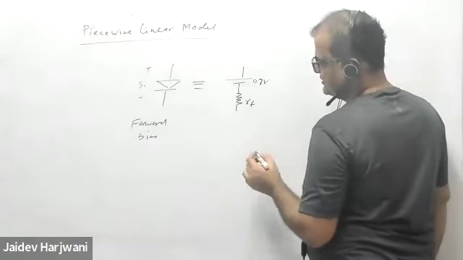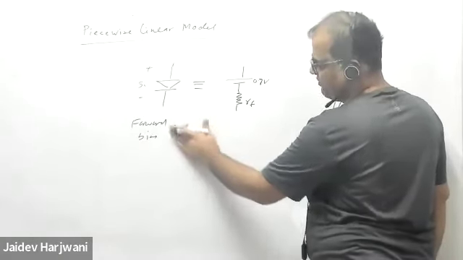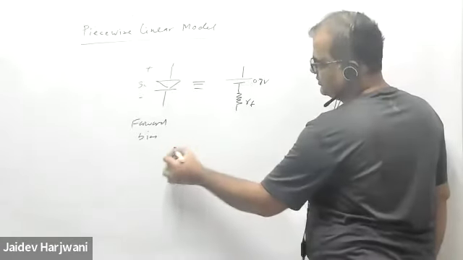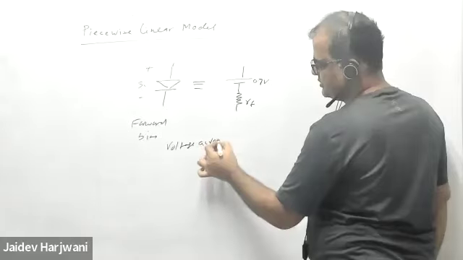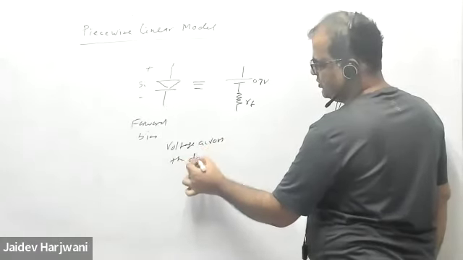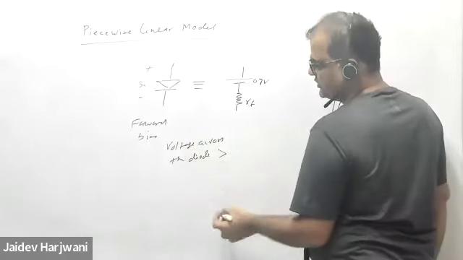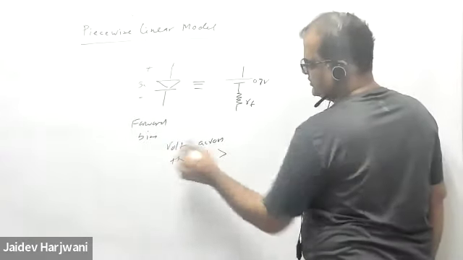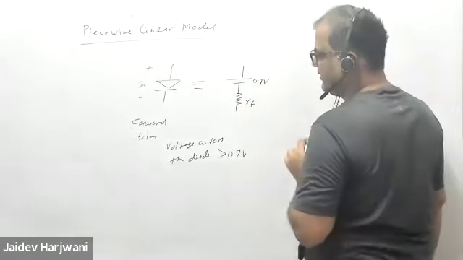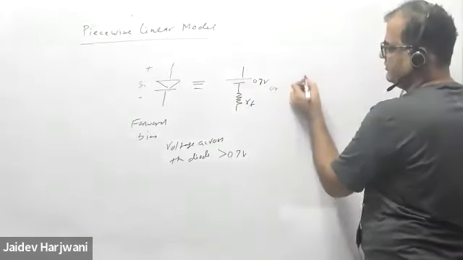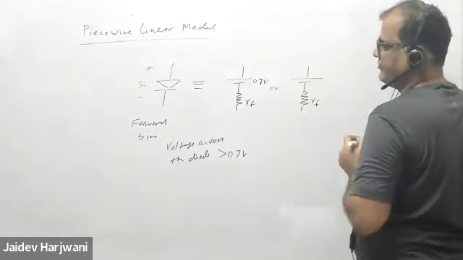This is when the voltage across the diode, the open circuit voltage across the diode, is greater than 0.7 volt. Then you can replace it by a battery, or if it is germanium, by 0.3 volt and a resistance RF.